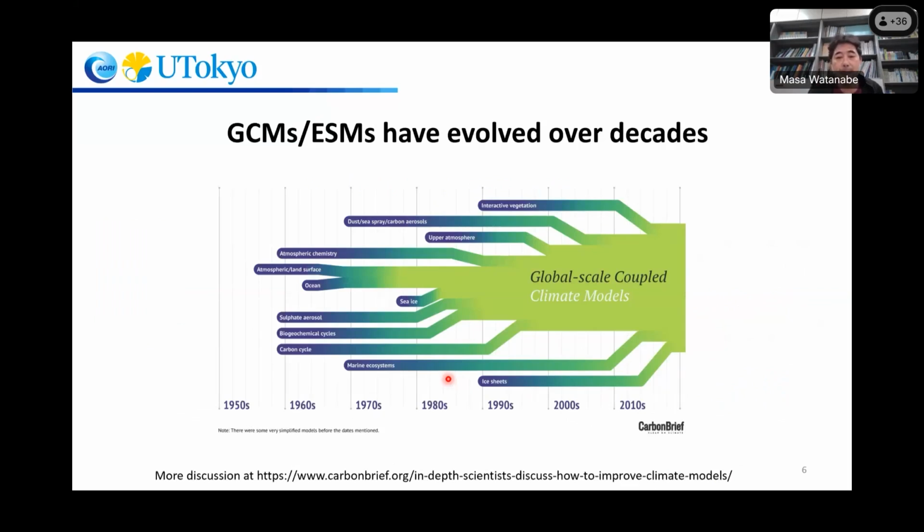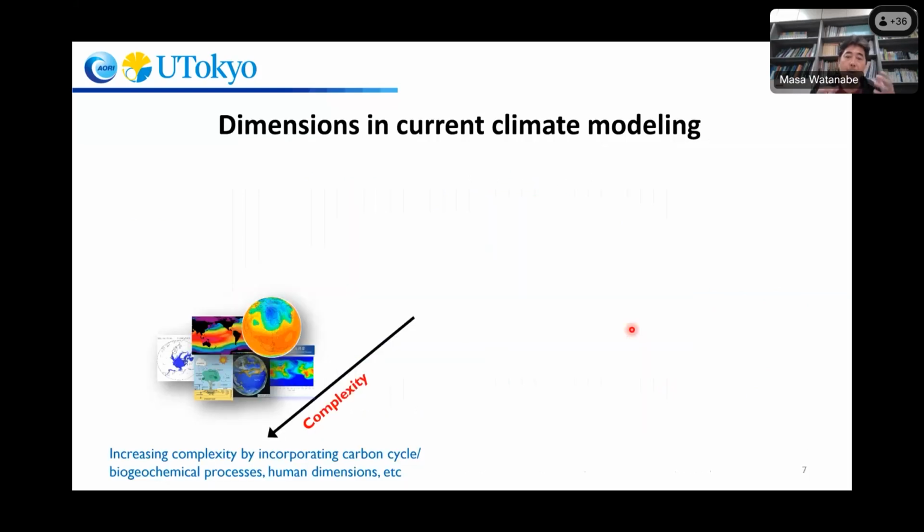And many different model components have eventually been integrated into the single climate model or earth system model. And now we probably have three different dimensions in the modeling. One is to increase complexity, which was presented in the previous slide, to incorporate more components such as the carbon cycle, biogeochemical processes, and even human components.